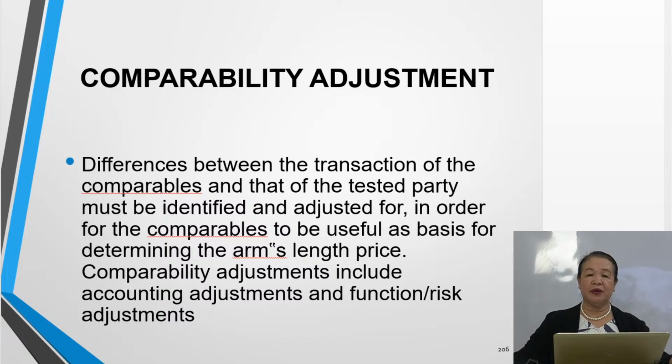Actually, ang comparability adjustment, marami yan, no? Kasi depende sa transfer pricing issues, depende kung nasaan ginawa yung mga issues na yan sa transfer pricing, doon din magkakaroon ng adjustment. So, hindi lang accounting, hindi lang functions, hindi lang risk. Lahat ng comparability factors.